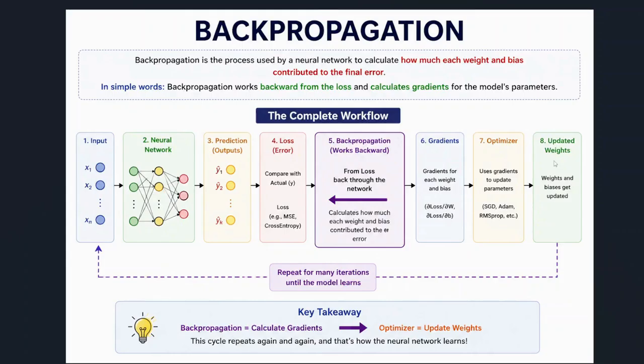Then we get our updated weights and biases, which make the model better. This repeats for many iterations until the model learns. So this is something about backpropagation.